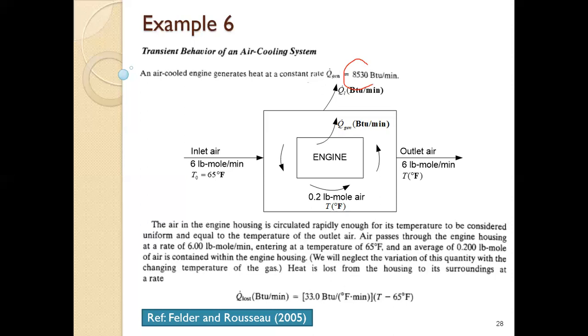The air in the engine housing is circulated rapidly enough for its temperature to be considered uniform and equal to the temperature of the outlet. For this case, we would like to control the temperature of the housing so it is uniform, and also the temperature in the housing equal to the temperature out. It looks like a perfect mix.